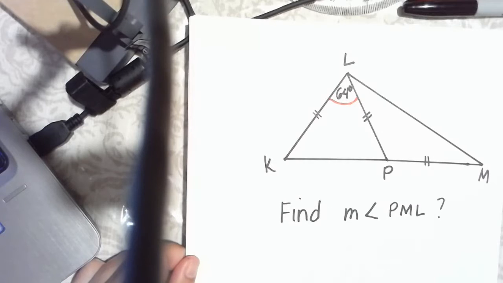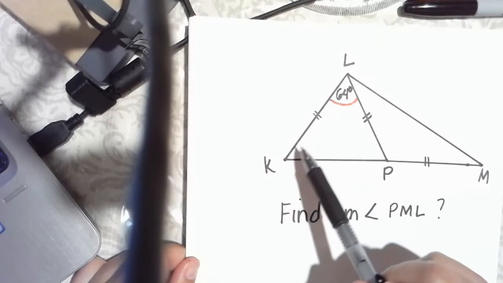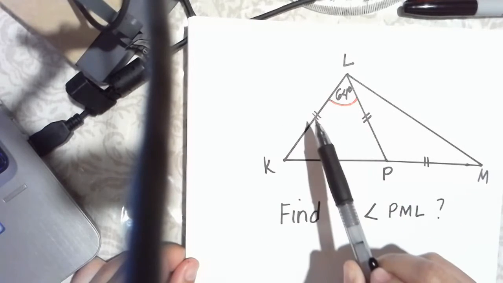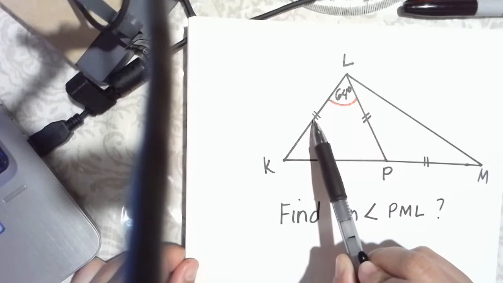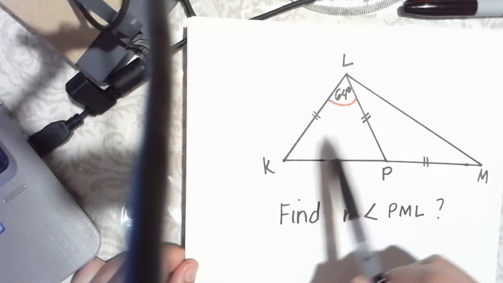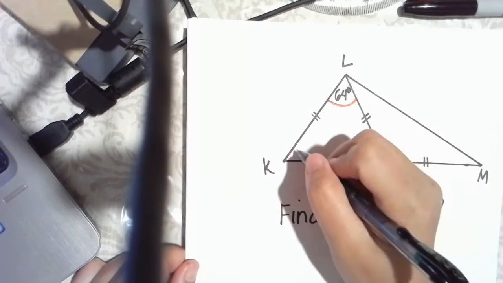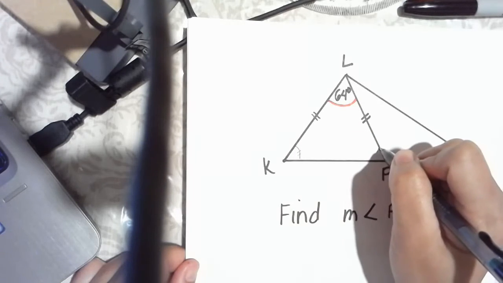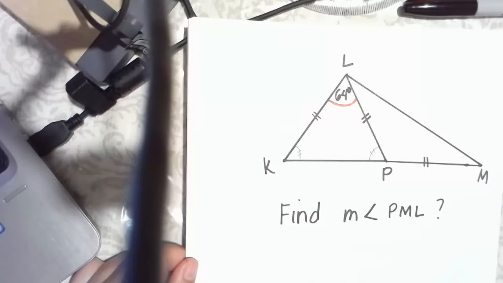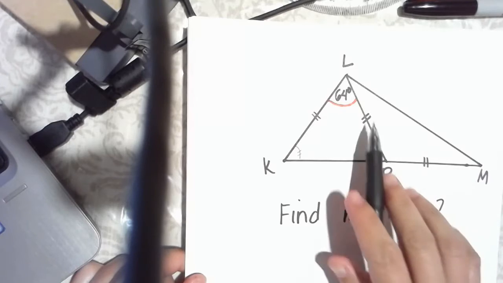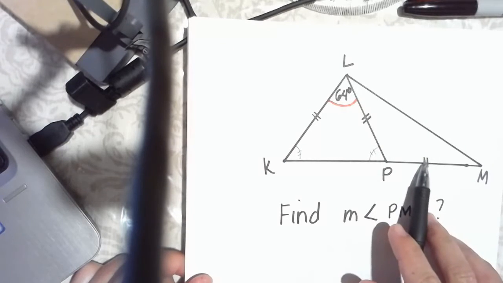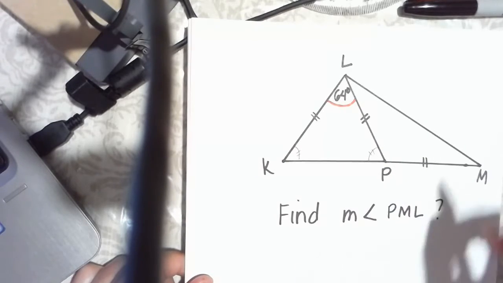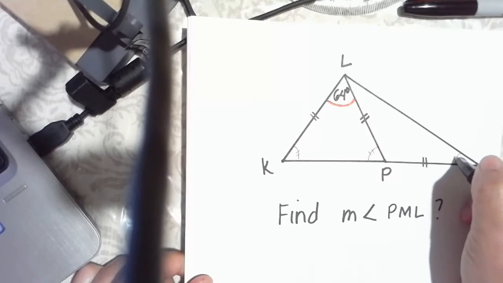Next number. This is an example of an isosceles triangle. As you can see, the markings are the same, meaning these two sides are congruent, and these two angles will also be congruent. Now, the other triangle is also an example of an isosceles triangle. These two sides are congruent, so therefore these two angles are congruent.